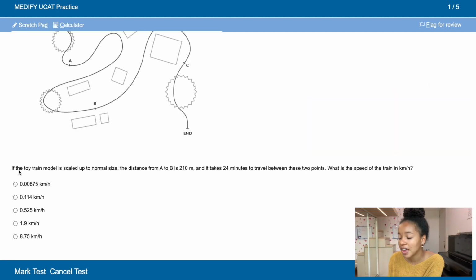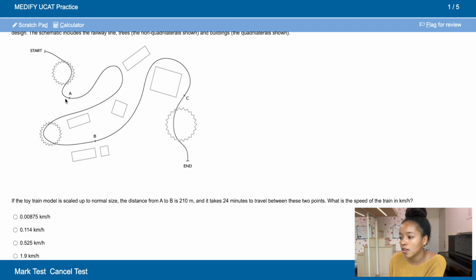Now the question is, if the toy train model is scaled up to a normal size, the distance from A to B is 210 meters, and it takes 24 minutes to travel between these 2 points. What is the speed of the train in kilometer per hour?